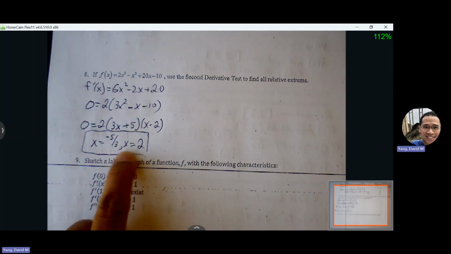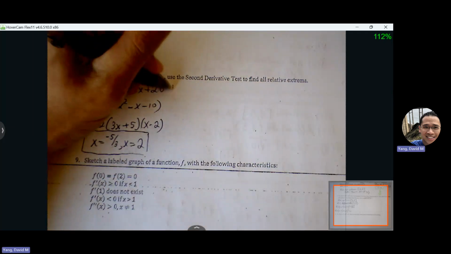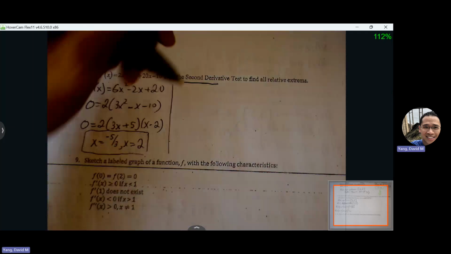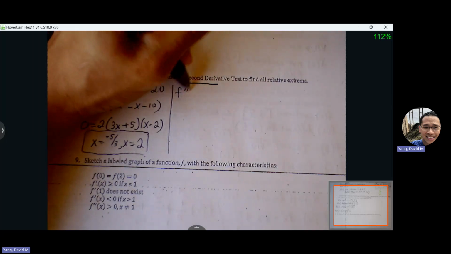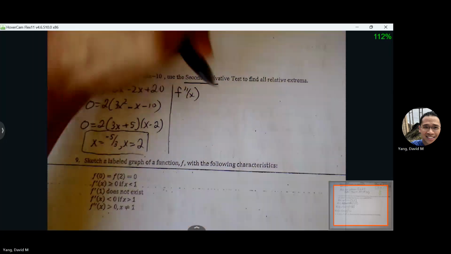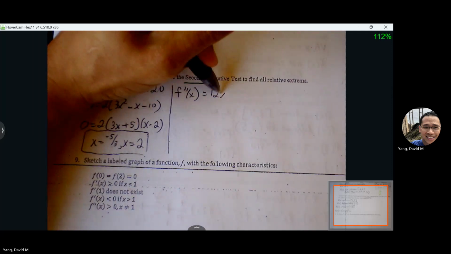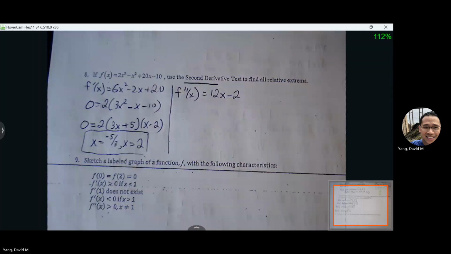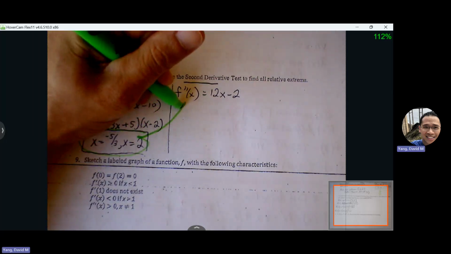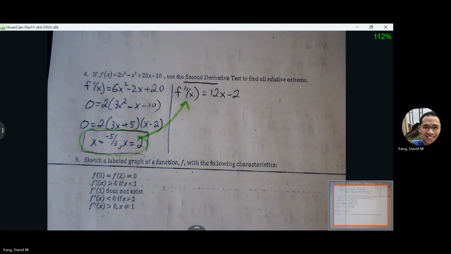These are the values that we're going to decide whether they are max or min, but we're trying to do this without the sign line. So to do that, this is where the second derivative function is going to come into play. We're going to find f double prime, power rule, and we'll do direct substitution with these candidates into f double prime.